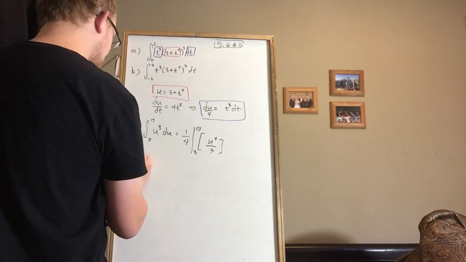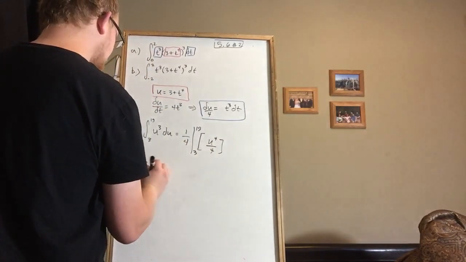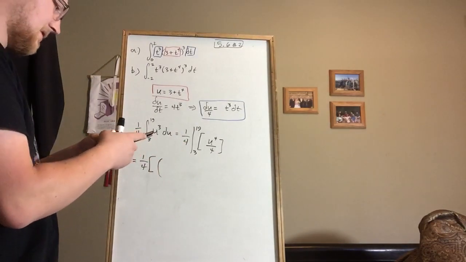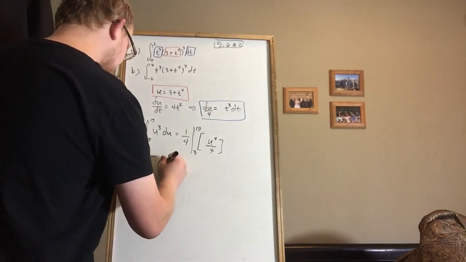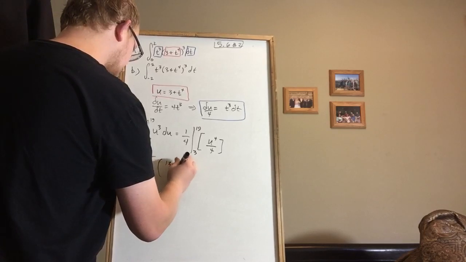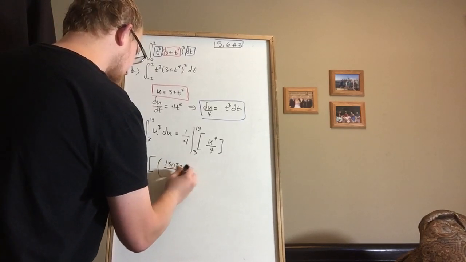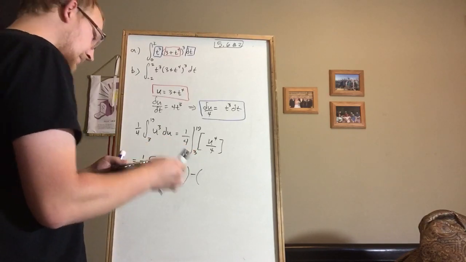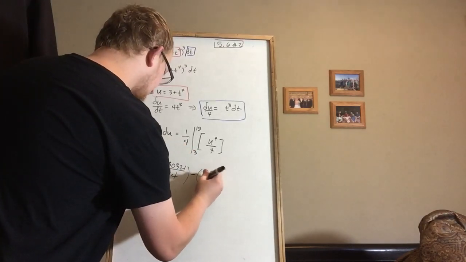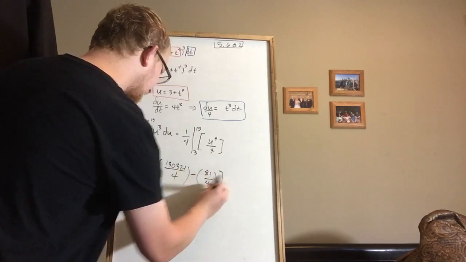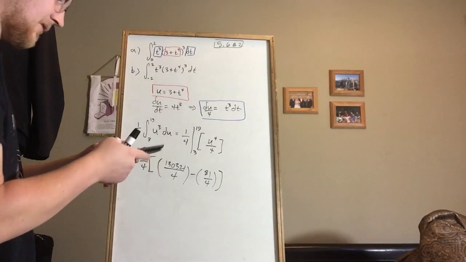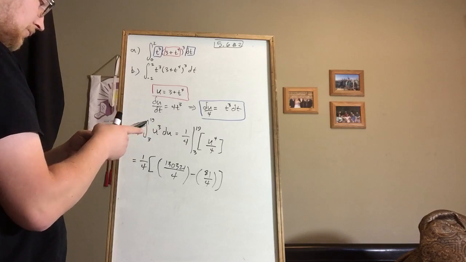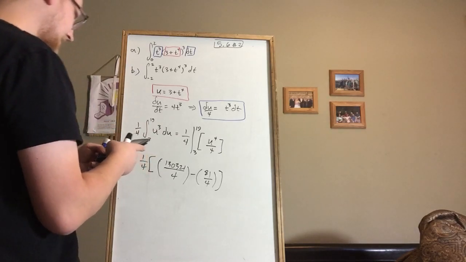And so over here we've got 1/4 multiplying everything. Our first term, when we plug in 19, 19 to the 4 is 130,321. Of course, that's over 4, minus 3 to the 4 is 81 over 4. So, common denominator, we can go ahead and subtract the 81 away.